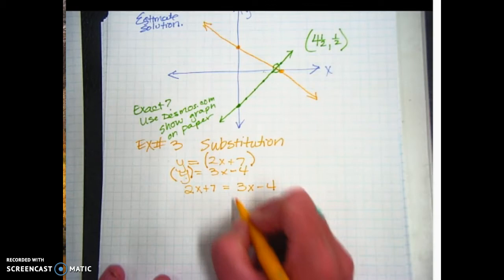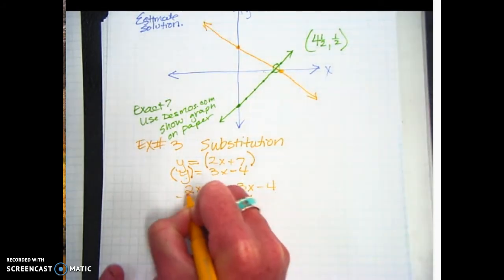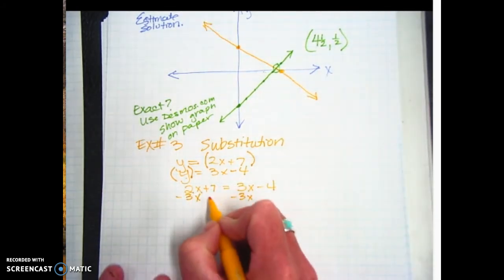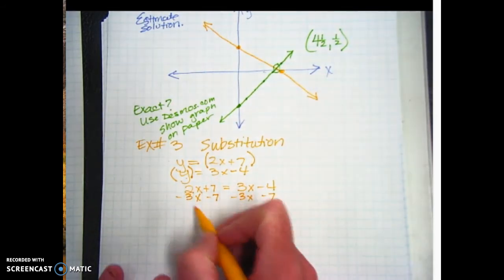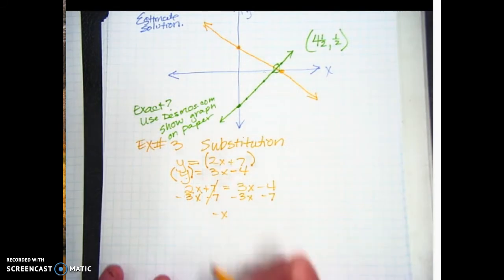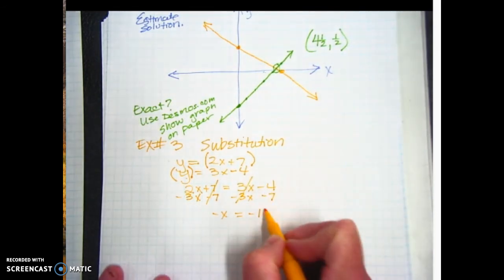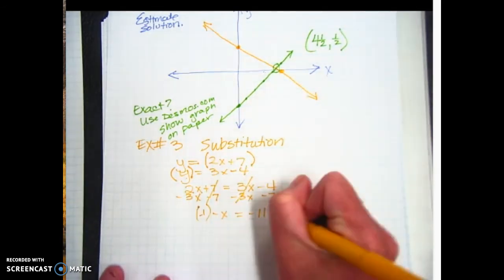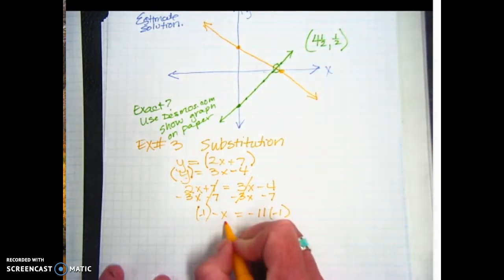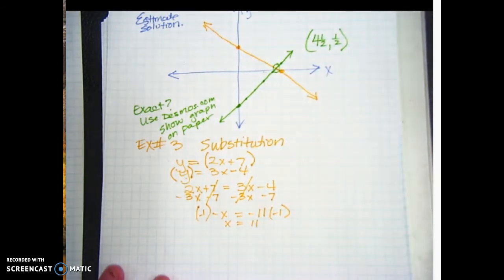Okay, so we're going to subtract 3x from both sides. I'm going to subtract 7 from both sides in the same step. 2x minus 3x is negative x. These are opposites. Negative 4 minus 7 is negative 11. I need it to be positive, so I'm going to multiply both sides by negative 1. And we get x equals positive 11.